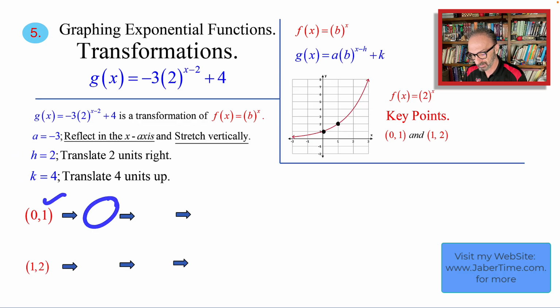So we have 1, 2, 3 transformations. Applying -3, multiplying by -3, 1 becomes -3. Translating 2 units right, x gets moved to the right, x values moved to the right 2 units, so 0 becomes 2.